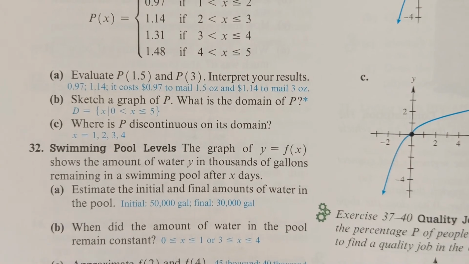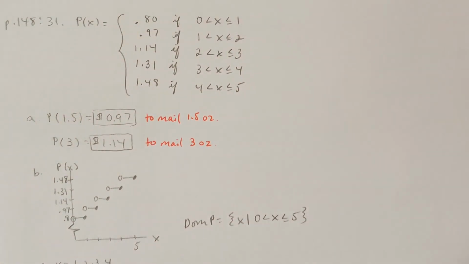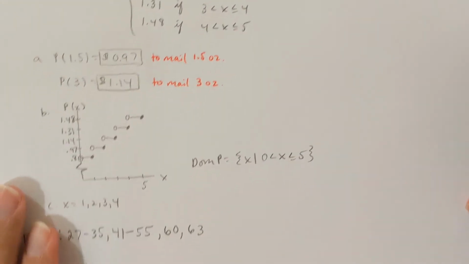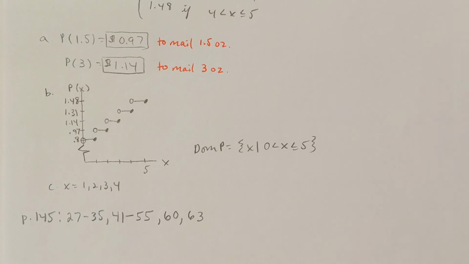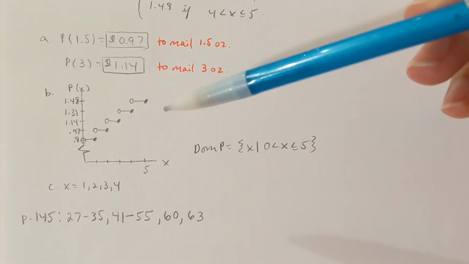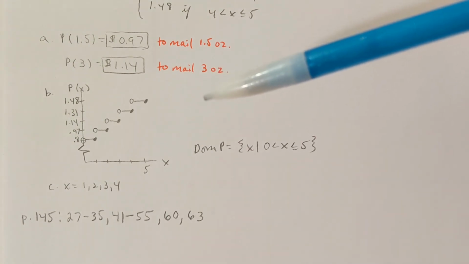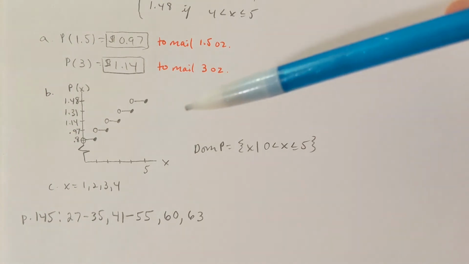Part C, where is P discontinuous on its domain? Well, basically, wherever you're going to lift the pencil to go from one piece to another piece, you're going to have a discontinuity there.